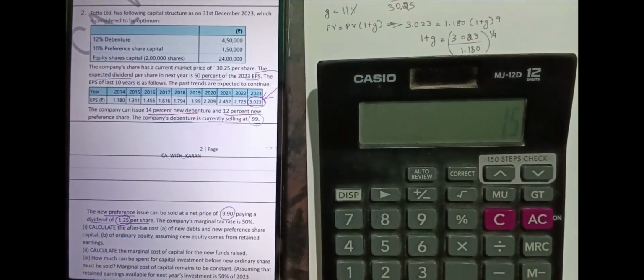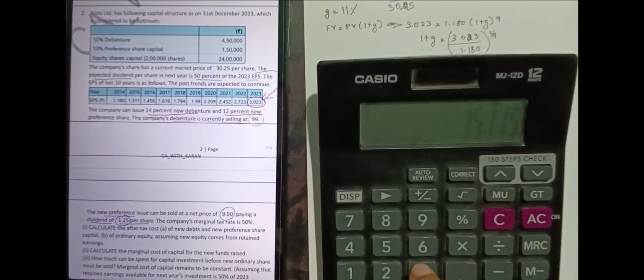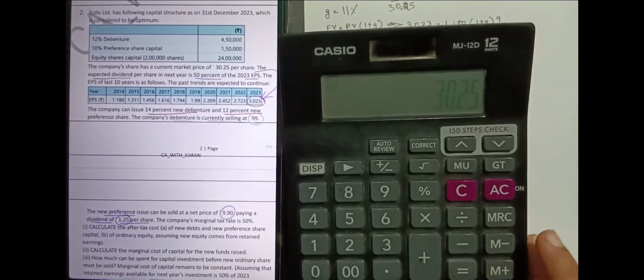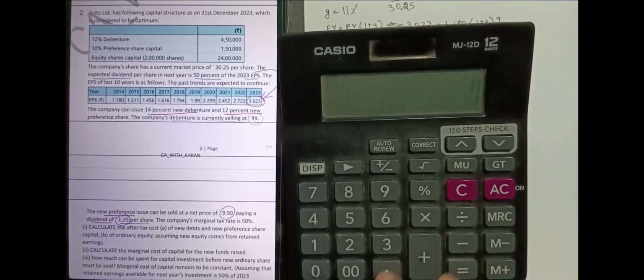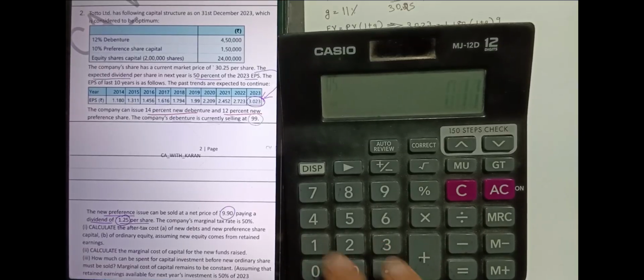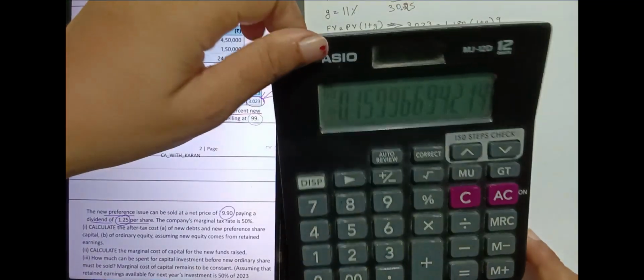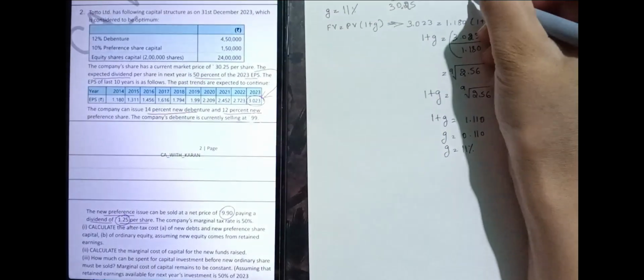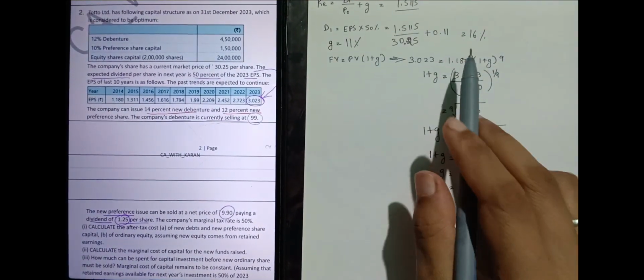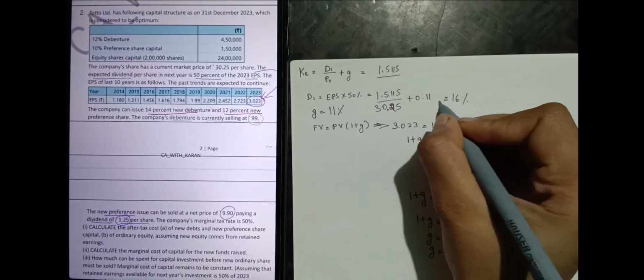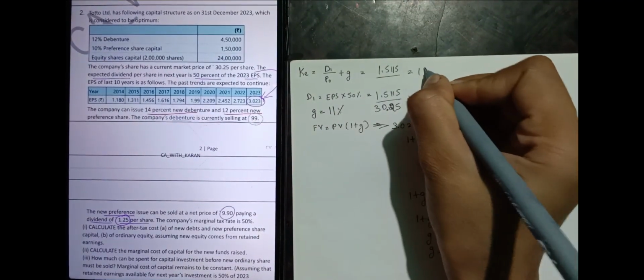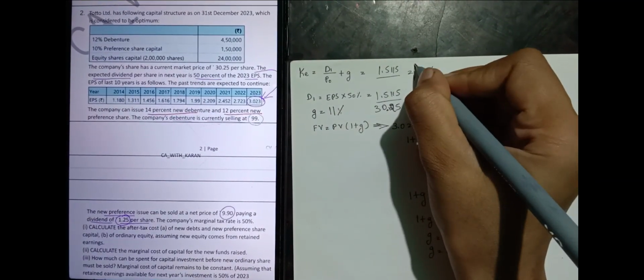So 1.5115 divided by 30.25 plus 0.11. So this is 15.9%, which is rounded off to 16%. So the KE comes out to be 16%.